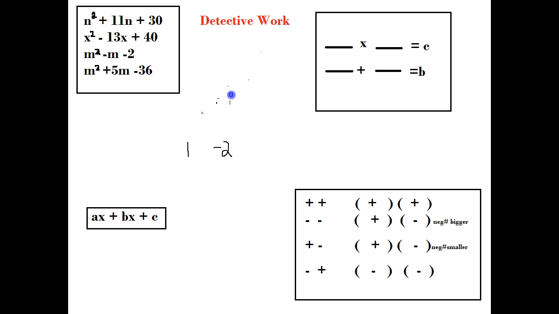So the next possibility we have is, let's look at this one, a negative positive. So x squared minus 13x plus 40. So we're looking for two numbers that multiply to 40 and that add to -13.